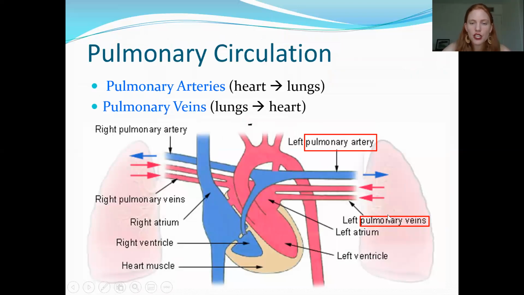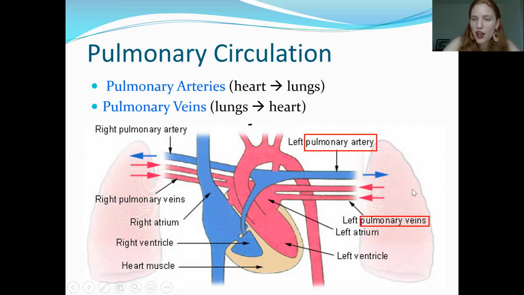Okay, so let's review the pulmonary circulation again real quick. Here we have the right atrium to the right ventricle. When the right ventricle contracts, that's going to pump blood from the pulmonary trunk to the pulmonary arteries. Remember there's two pulmonary arteries because they both go towards the lungs.